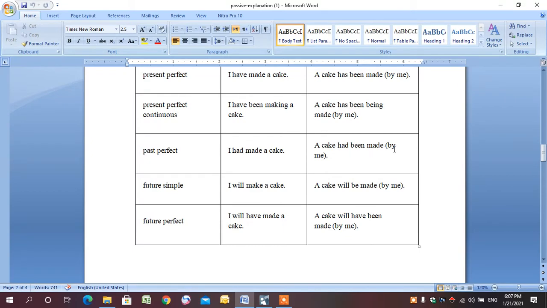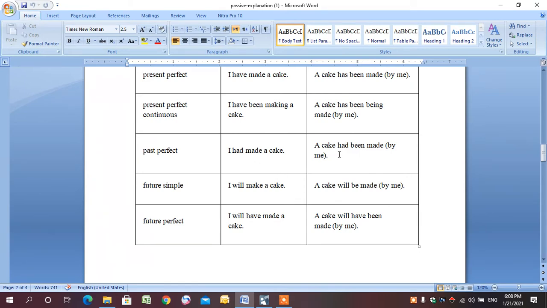But since you have here in the sentence by me, you have to start with I. So you change by me into I again. Okay, and this is how to change the sentences from passive back to active.